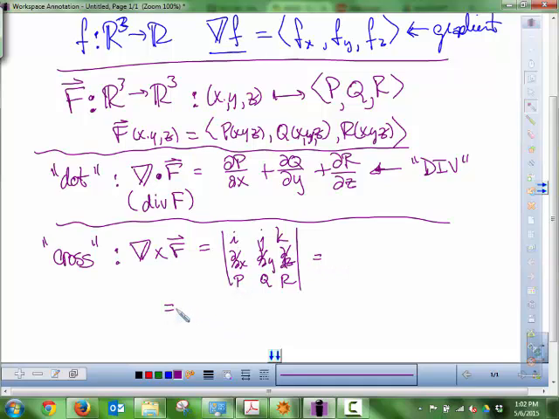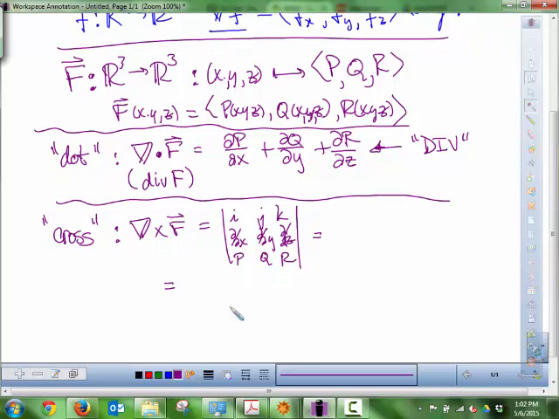So I'll write it down here because it's going to be long. With respect to i, I need to take the derivative of R with respect to y, dR/dy, minus dQ/dz. And the next term is a negative j.